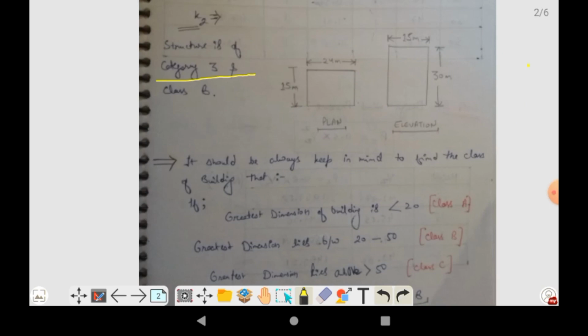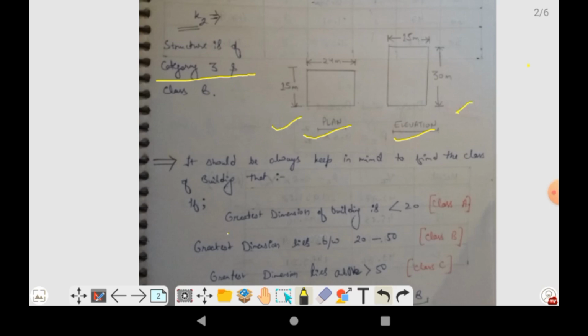Okay, so first we are just going to make a plan and elevation of the building according to the dimensions that are given to us. So now some of the points we should keep in mind while determining the value of k3, that to determine the class of building we need to first make a plan and elevation of this building.